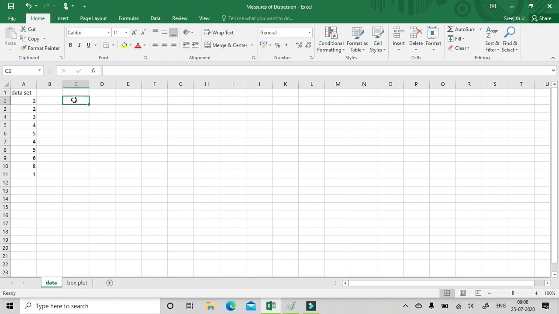So the most commonly used measures of dispersion are range, standard deviation, or variance. These are interrelated because one is the square root of the other.